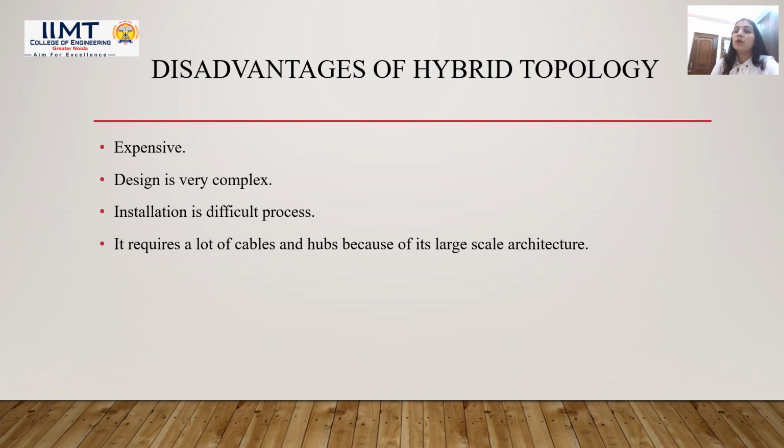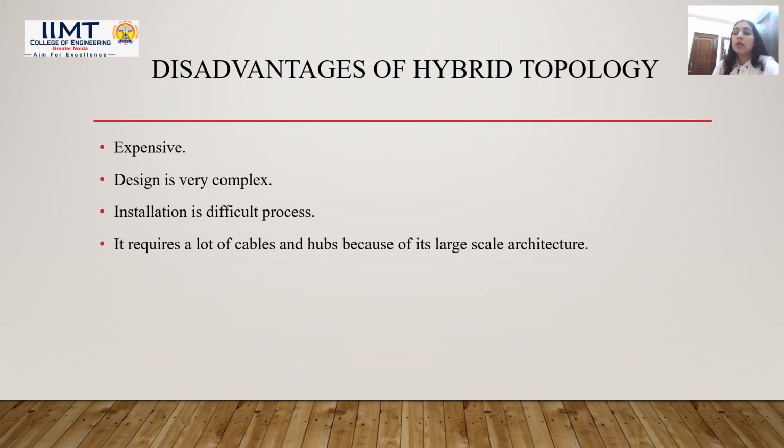First of all, complex design. The major drawback of this topology is the design of hybrid topology. It is very difficult to design the architecture of the hybrid network. Next point is, it is more expensive than other topologies because the hubs used in this topology are very expensive, as they are different from other topologies.